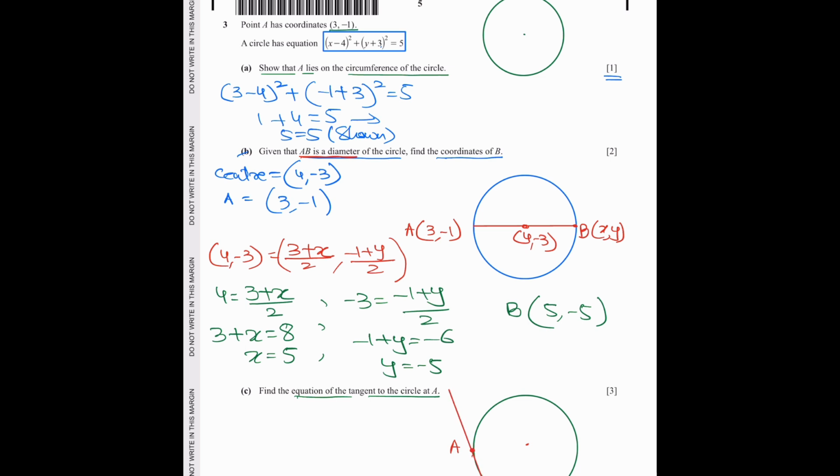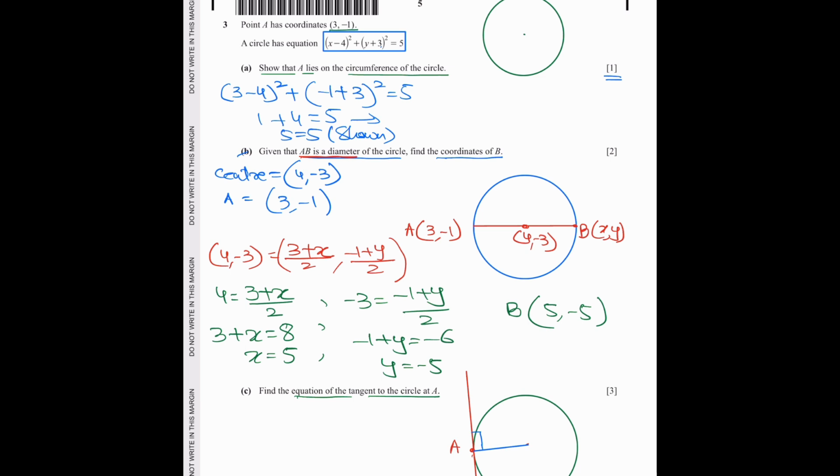This is the tangent. If you join point A to the center, this is the radius, and the property is the tangent is perpendicular to the radius, so you have a 90-degree angle at A.